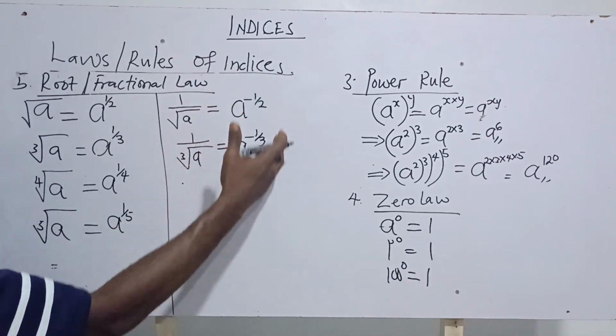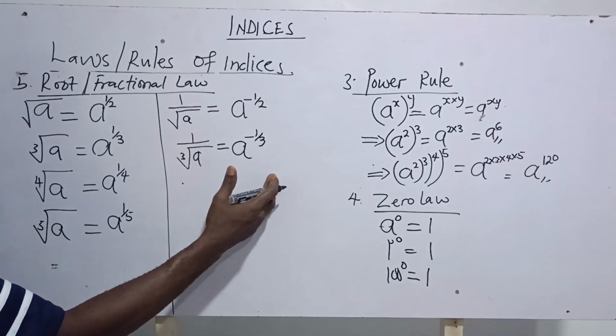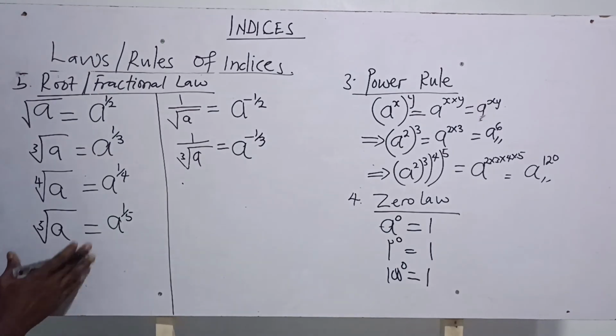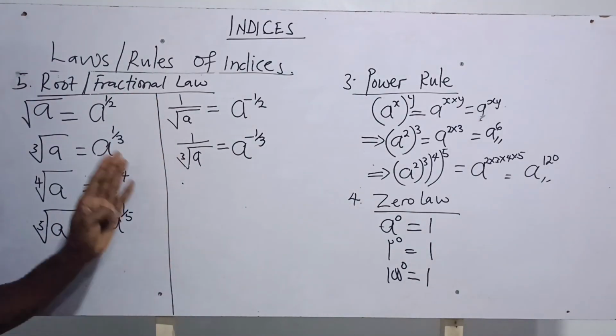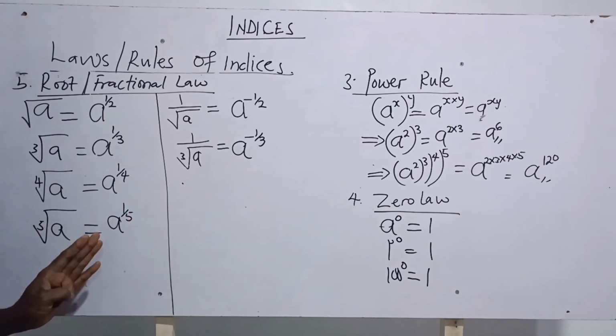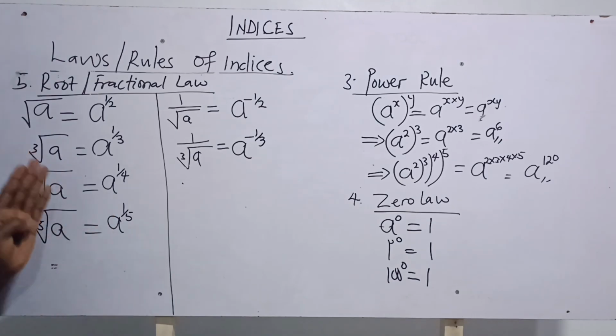So this is the negative aspect and these are the positive aspect. All these are fractional laws of indices, and you can also call them root laws of indices. This is applied to all indices questions we come across.